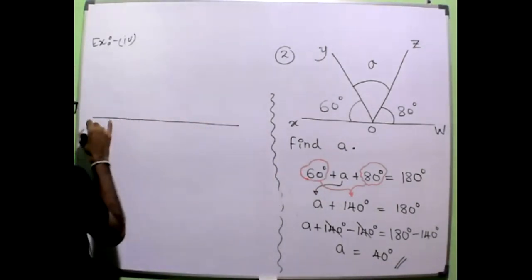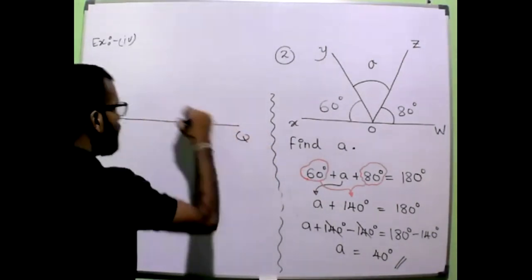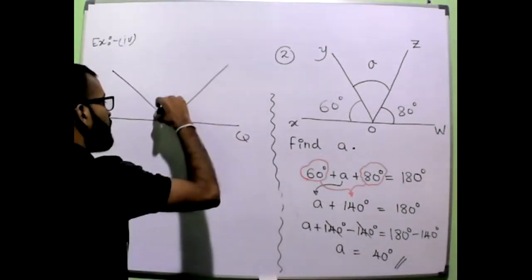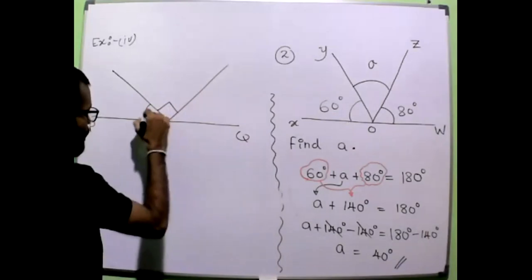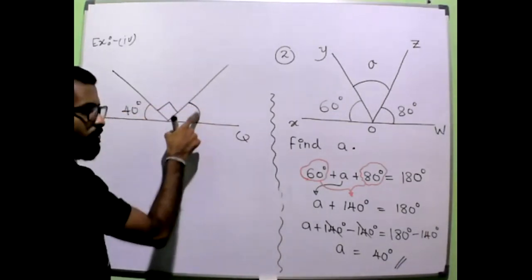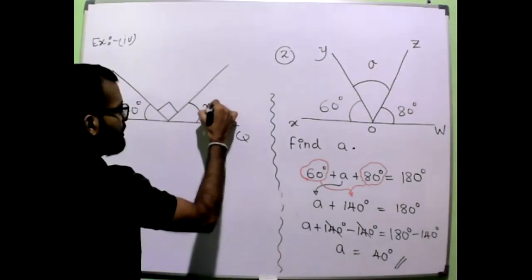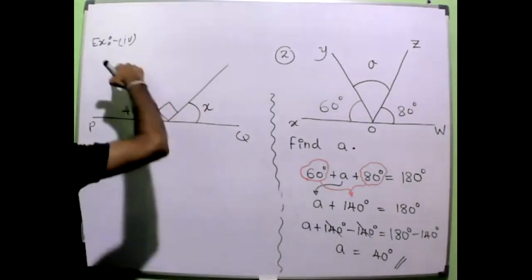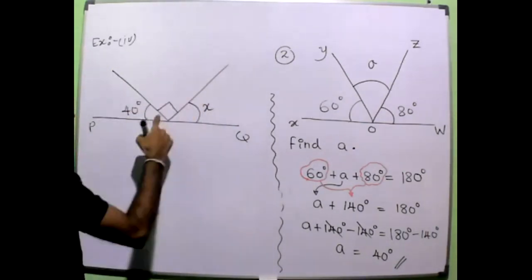This is called PQ, right? And this angle has been given. You have to find the value of this angle, right? So let's say it is x, right?